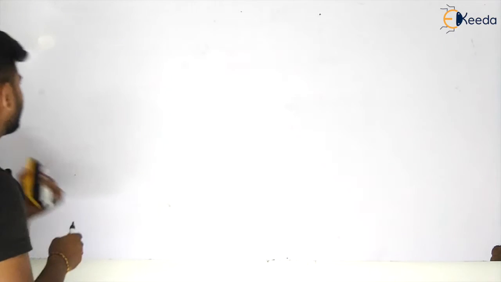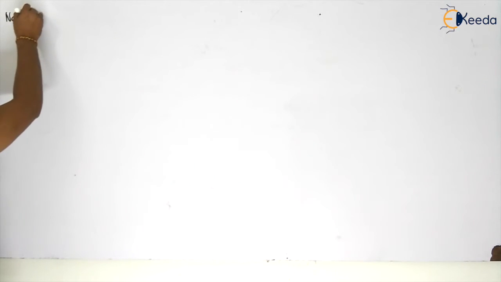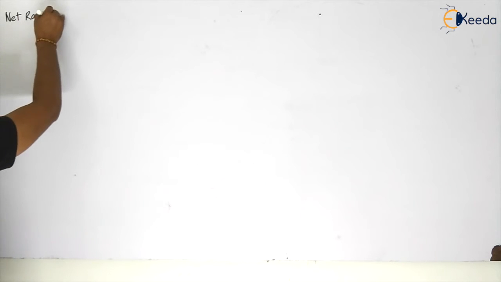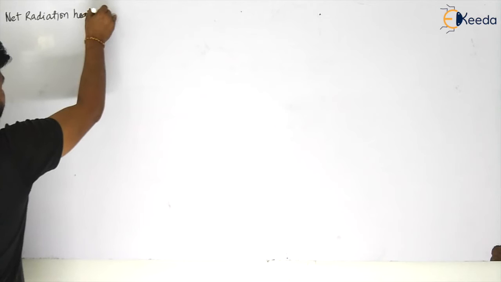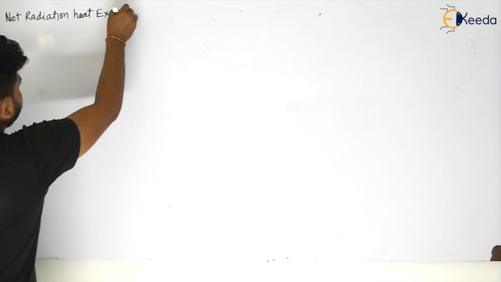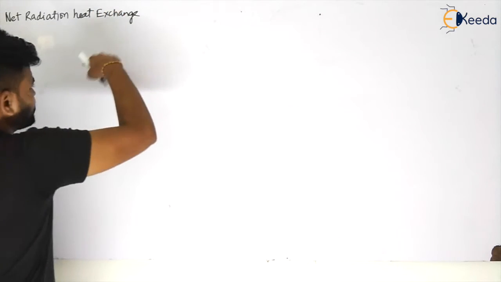So we have discussed the net radiation heat exchange between two black surfaces or two black bodies, my dear students. Now we will be discussing the net radiation heat exchange between two gray surfaces, that is, non-black bodies. Let us focus on the board, my dear students. Net radiation heat exchange, it must be radiation exchange, but I am saying radiation heat exchange to simplify this.